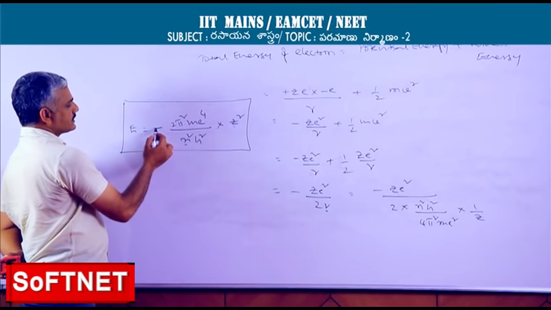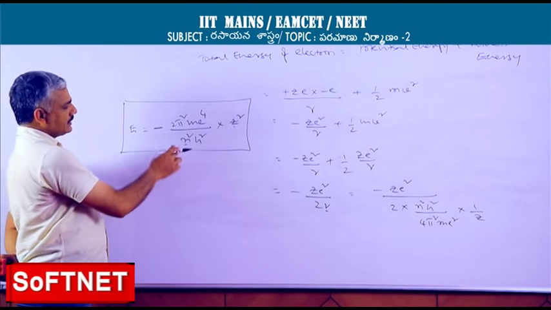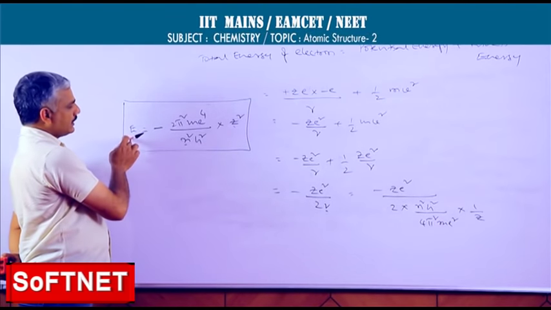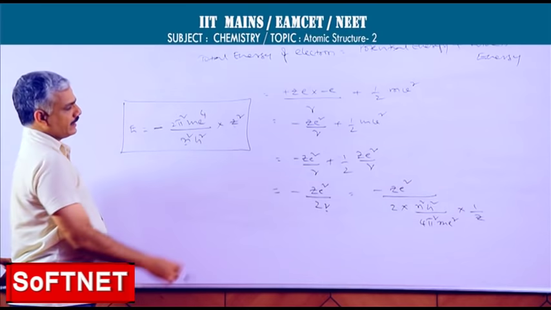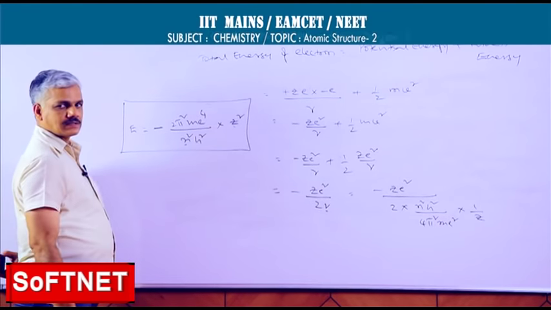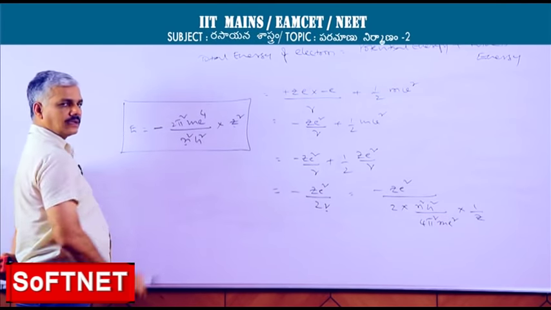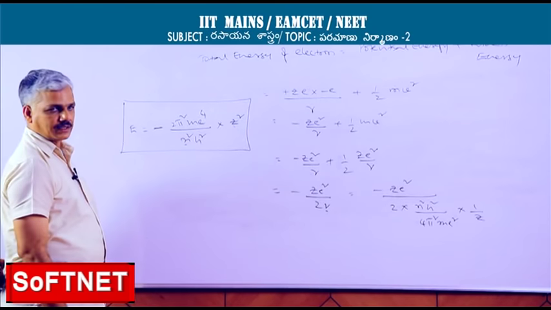And because of this negative sign, with increase in n value, the energy of electron increases. And with increase in z also, atomic number, the energy of electron will increase.